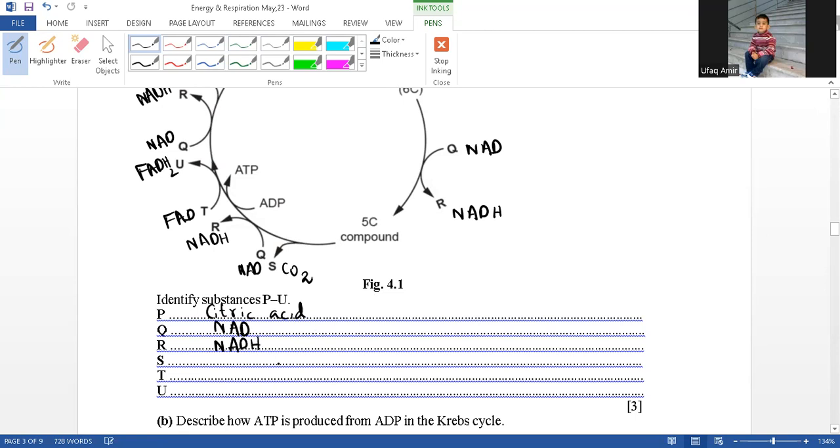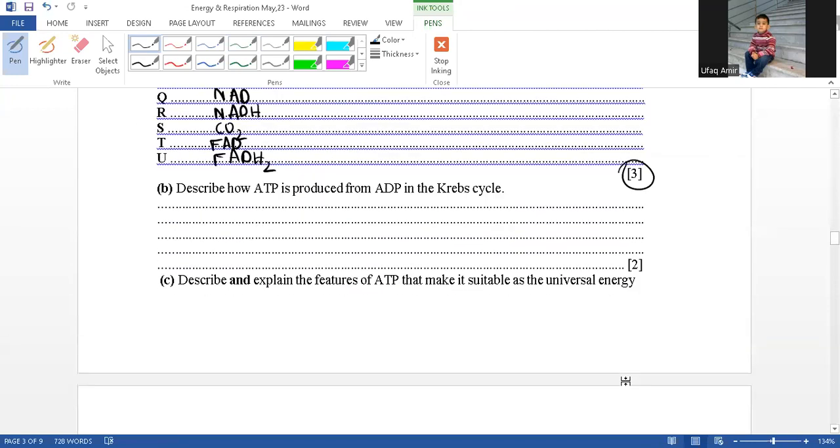S is carbon dioxide. Excellent. T is FAD, excellent. And U? FADH2. Shabash. So you have identified, and 3 marks.